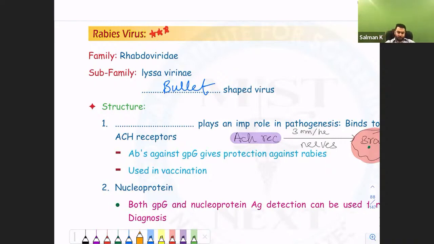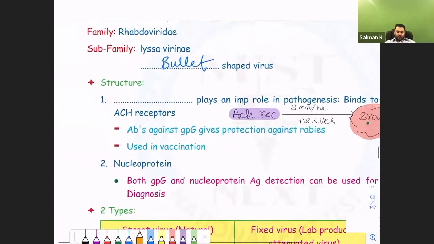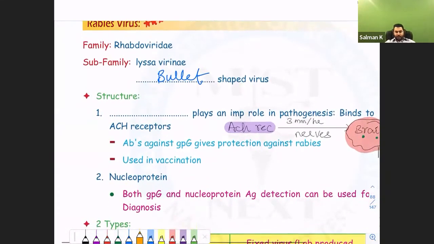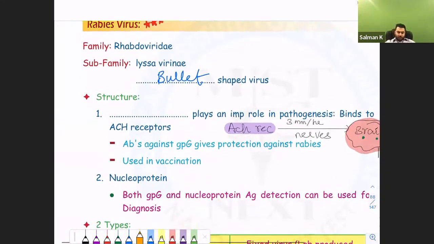Now, just look here, doctors. When we are saying the rabies virus, Rhabdoviridae, what you all need to know is that it's a bullet-shaped virus. It is basically a bullet-shaped virus. So this is what you need to know.